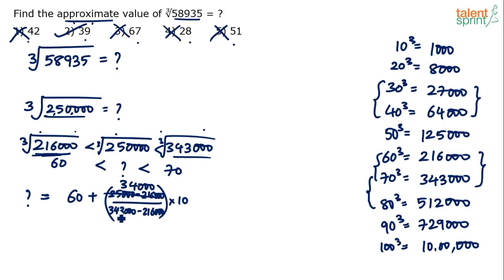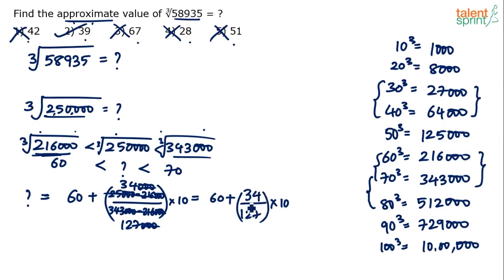So I think 127, right? This is going to be 127,000. Or if you simply want to forget about zeros, it's going to be 34 by 127 into 10. So the answer here will be equal to 60 plus 34 by 127 into 10. Now all we need to do is simplify this.